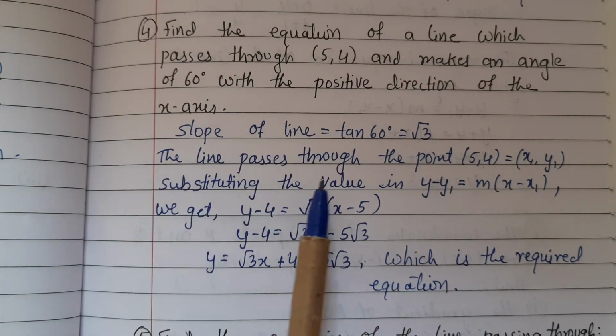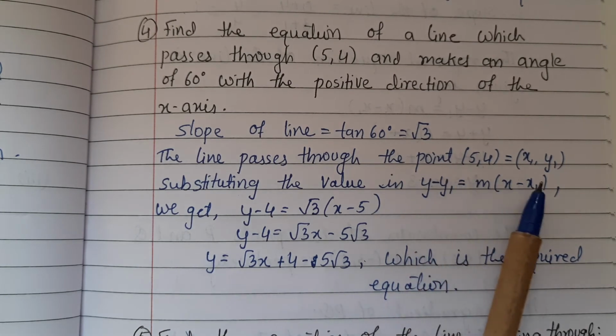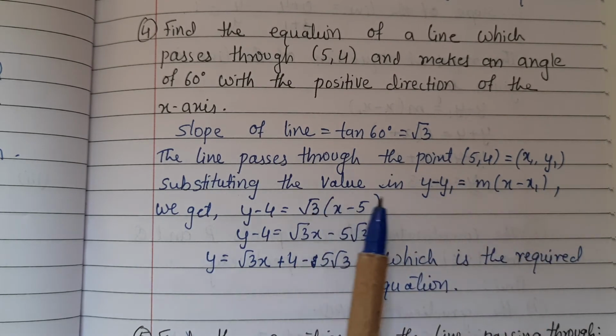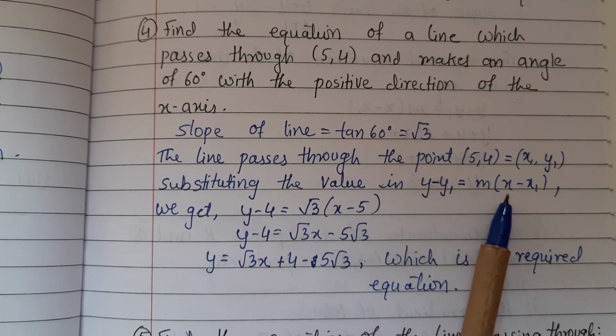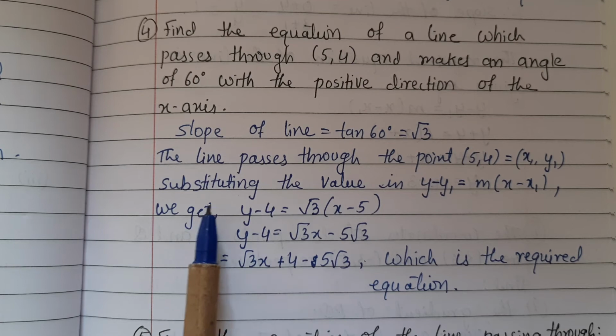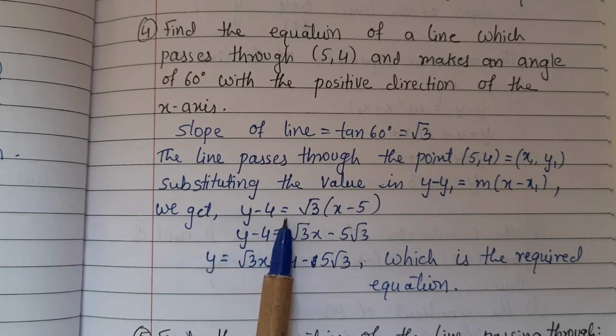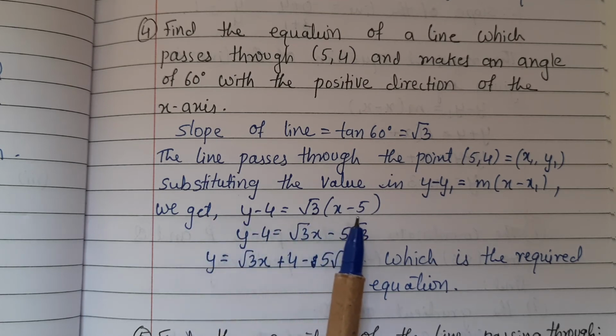The line passes through the point (5, 4), (x1, y1). Substituting the values in y minus y1 equal to m into x minus x1, we get y minus 4 equal to root 3 into x minus 5. Y minus 4 equal to root 3x minus 5 root 3. Y equal to root 3x plus 4 minus 5 root 3, which is the required equation.